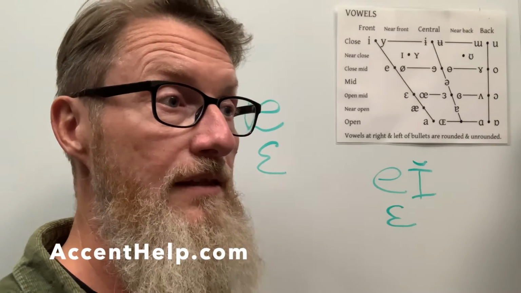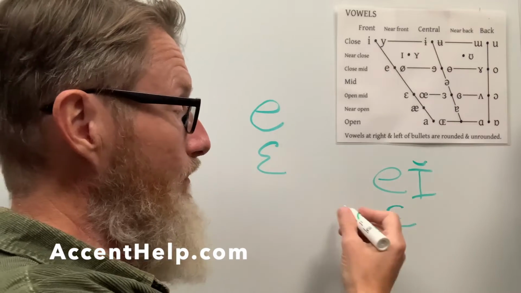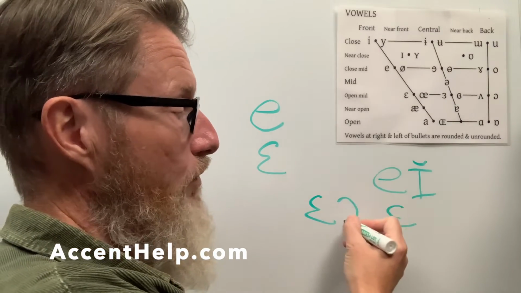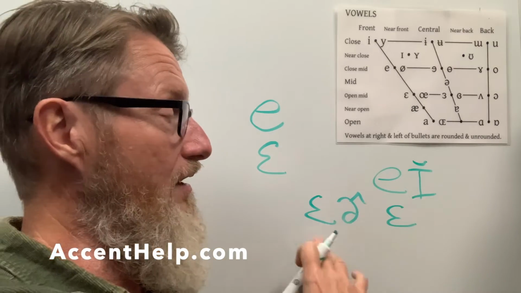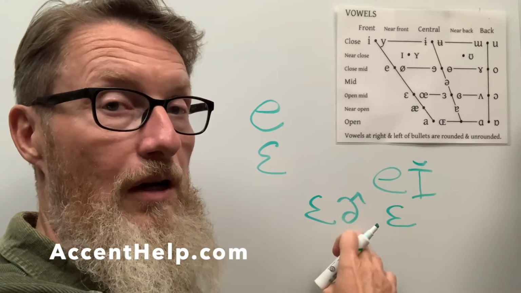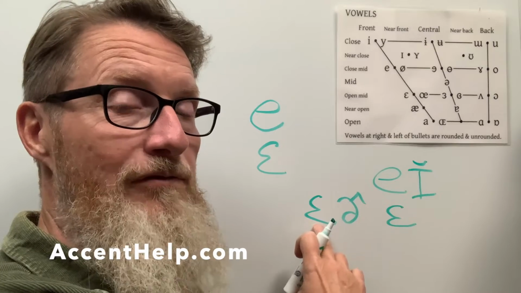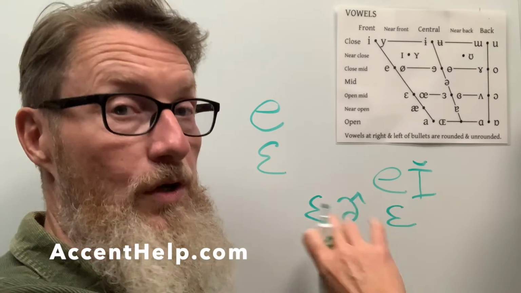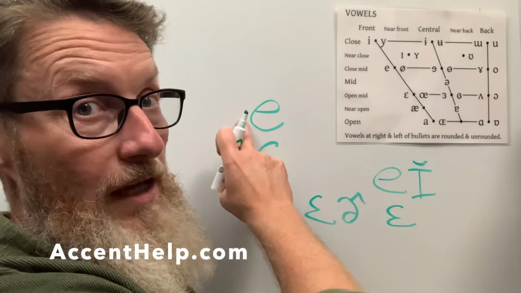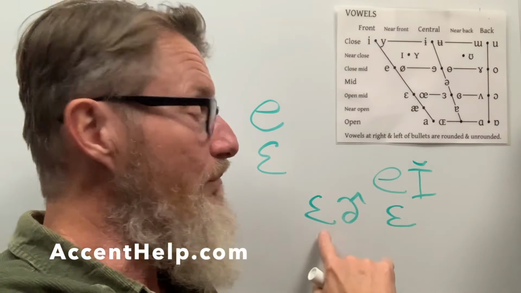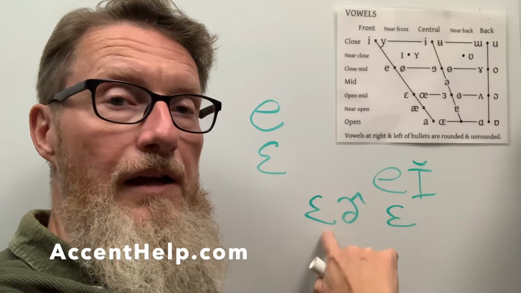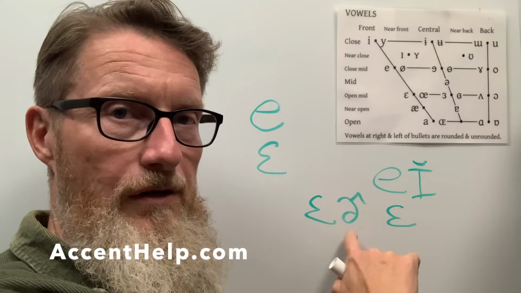Now, I think another way that it commonly is used is when you put the R after it. I like to think of this less as a diphthong and more of a vowel plus R. So this would be an epsilon followed by a schwa, which is a turned lowercase e, with the diacritic on it to mean rhoticity. And this would be something like air.